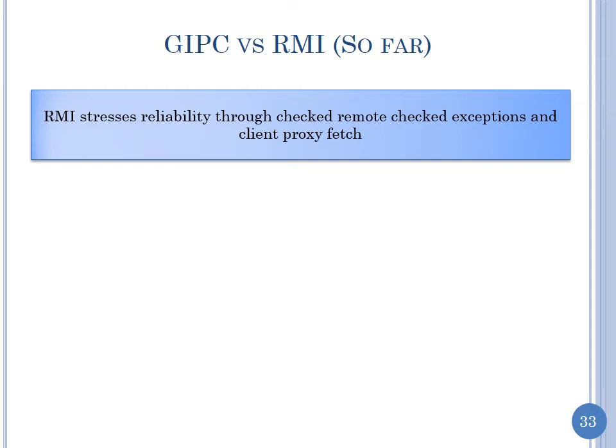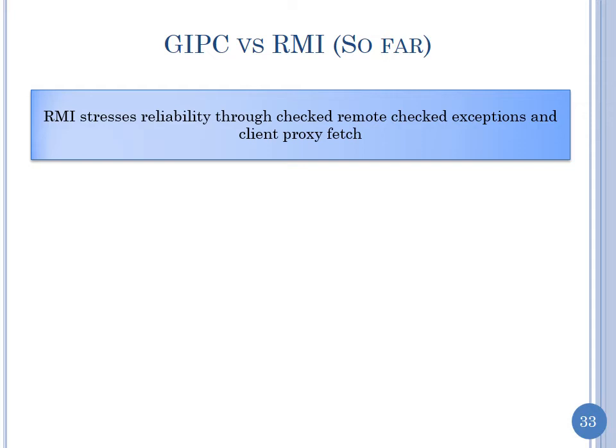So the differences between GIPC and RMI so far, we'll see more, are that RMI stresses reliability through checked remote exceptions and client proxy fetch. So when you do a proxy fetch from a client in RMI, you know that the other object exists because you went to a remote place and got the proxy from there. Whereas in GIPC, you just made a local call. And like I said, the local call just stored the host and port number.